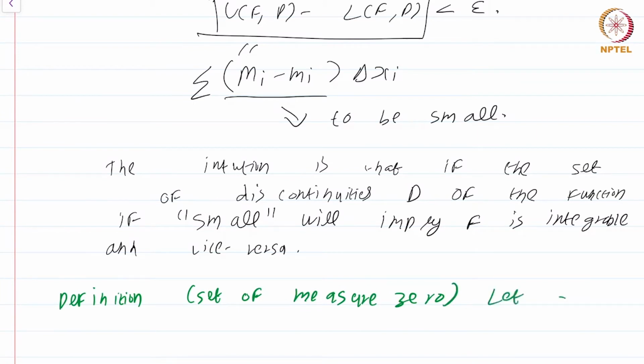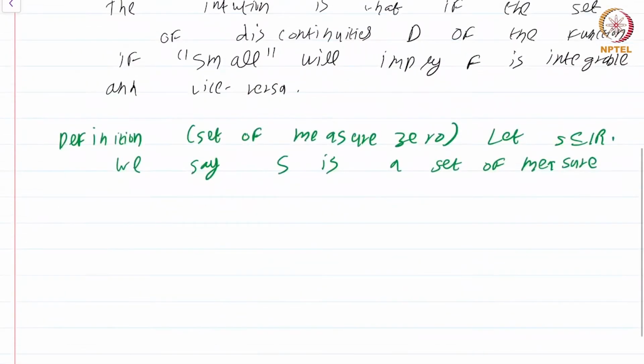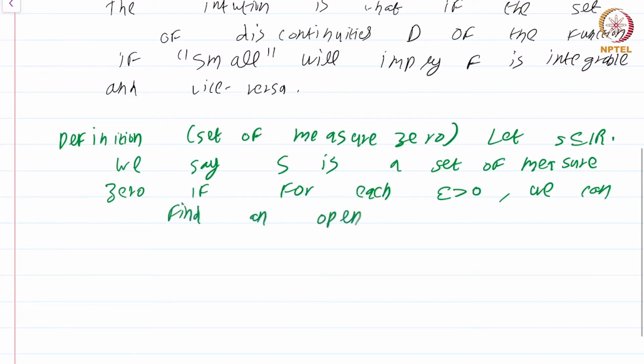Let S be a subset of R. We say S is a set of measure 0 if for each epsilon greater than 0 we can find an open cover, rather a countable open cover, comprising open intervals.